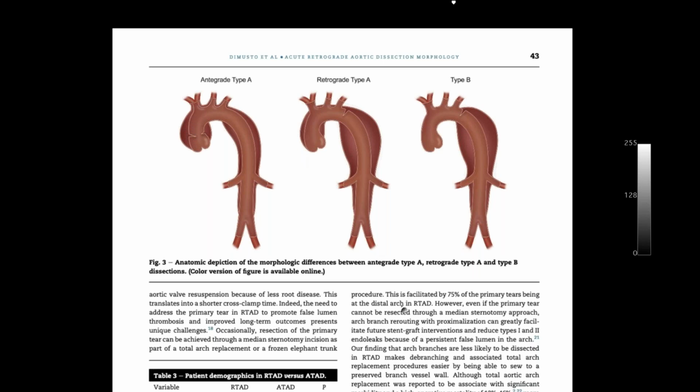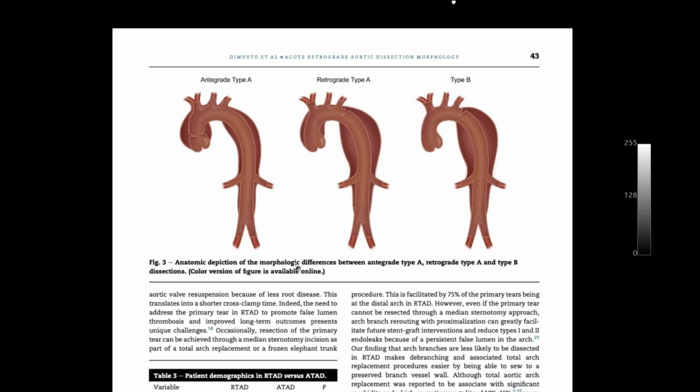So basically anything that involves ascending aorta gets A, even if the tear was distal and it went retrograde to involve A, it's still a type A. Yeah, in terms of the traditional description. Right. But the management implications are different if you think that this is the pathology. You don't necessarily have to go in and operate on these patients to take care of the ascending aorta, to take care of this tear right there.